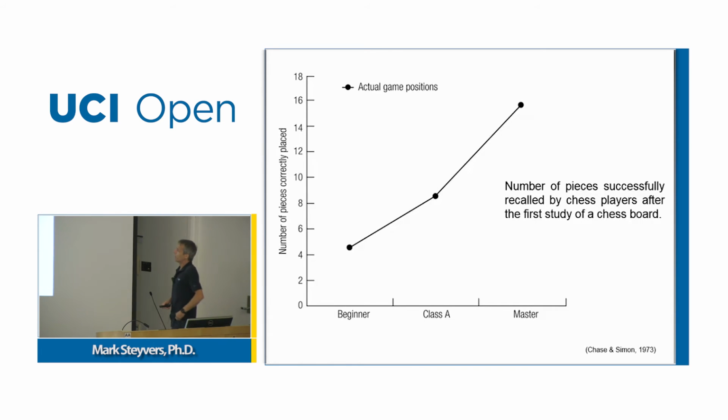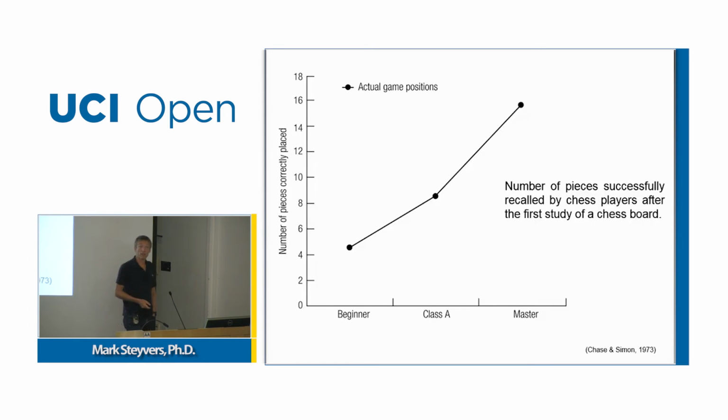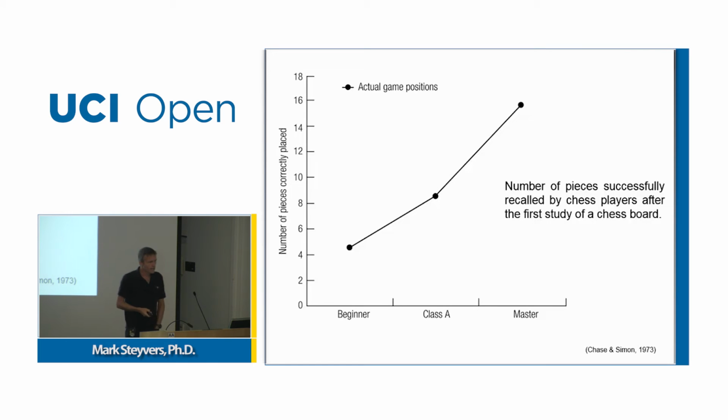Now, in this experiment, there were 3 groups of subjects. There were beginners, there were Class A players, chess players that are pretty good, but not world-class players. And there were chess masters, some of the world's best players. And you can see on the vertical axis the number of pieces that they correctly placed by using memory.